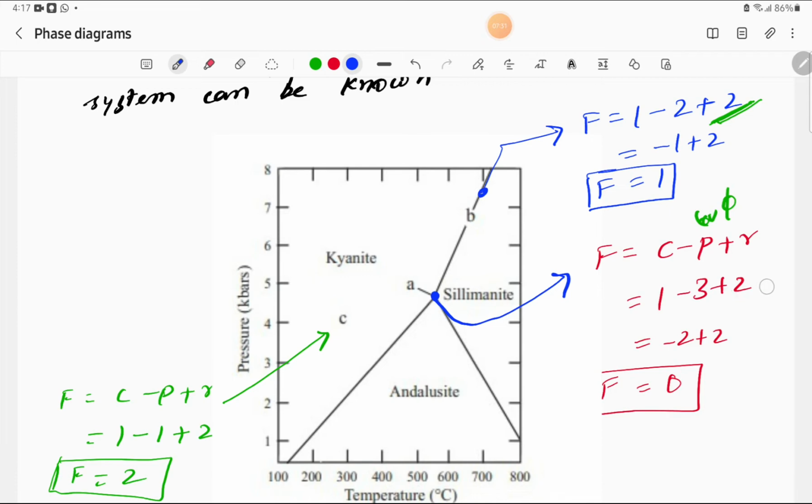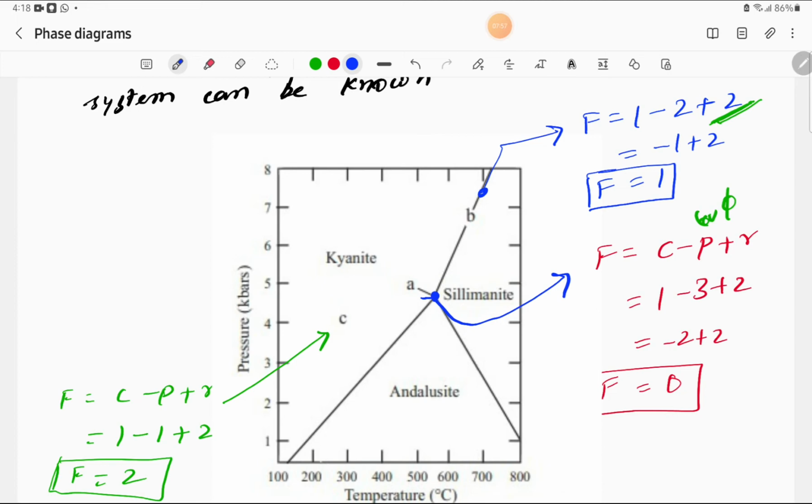Now, at this point, the pressure is constant and the temperature is also constant. What is the component? One component, which is Al2SiO5, and we have three phases: kyanite, sillimanite, and andalusite. Putting that into the equation, 1 minus 3 plus 2, it becomes 0.